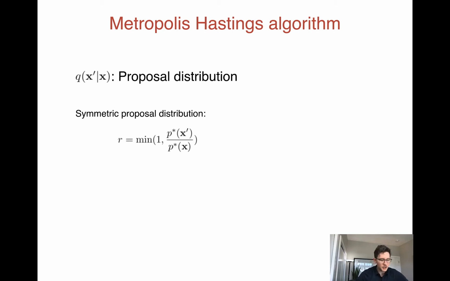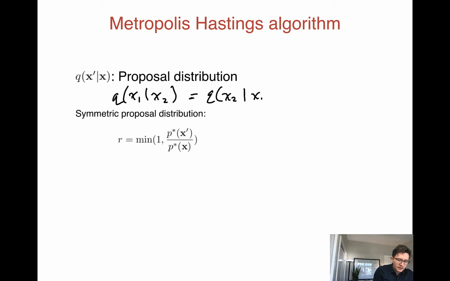What we mean by symmetric is that Q of x1 given x2 equals Q of x2 given x1. So that is, for any pair of x's, it's equally probable that we'd propose to go from x1 to x2 as it is that we propose to go from x2 to x1.